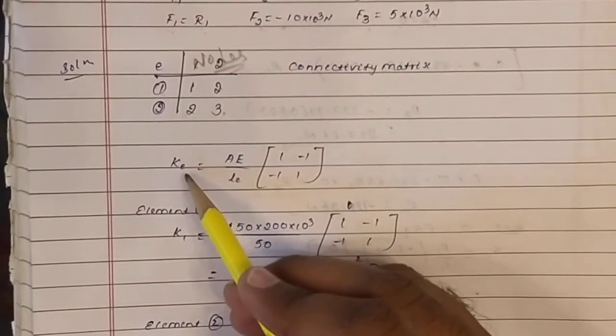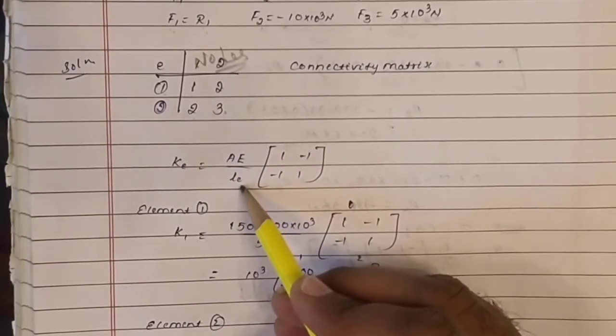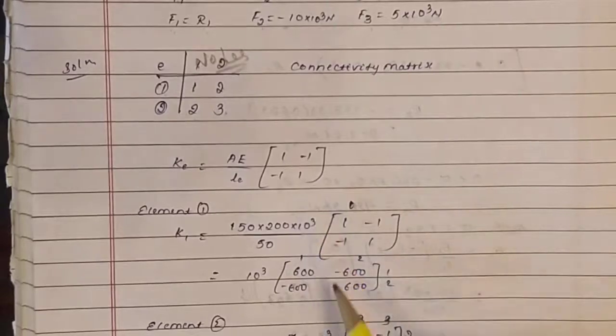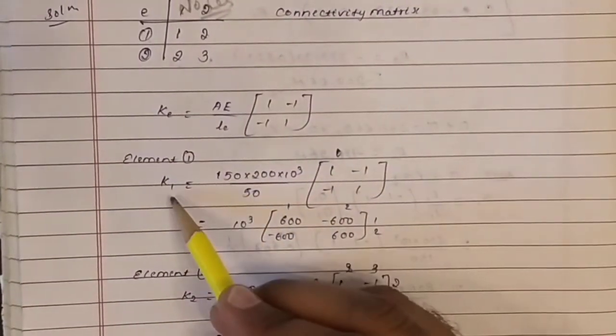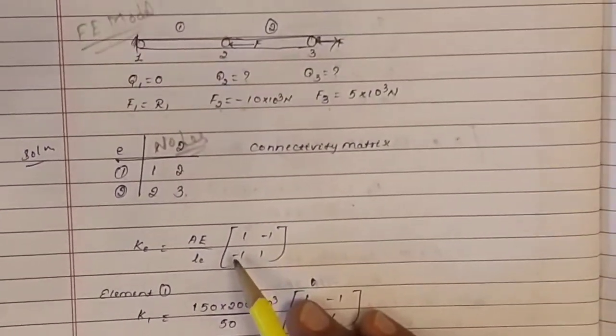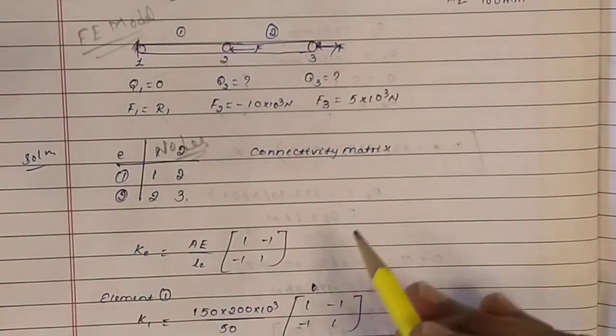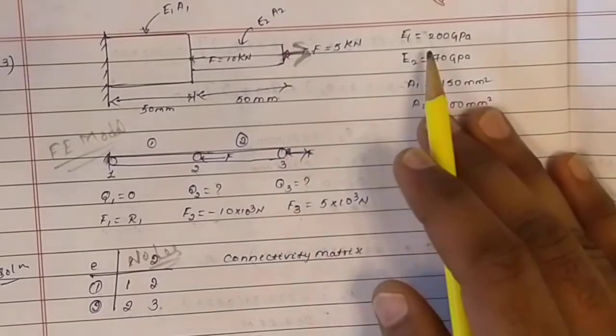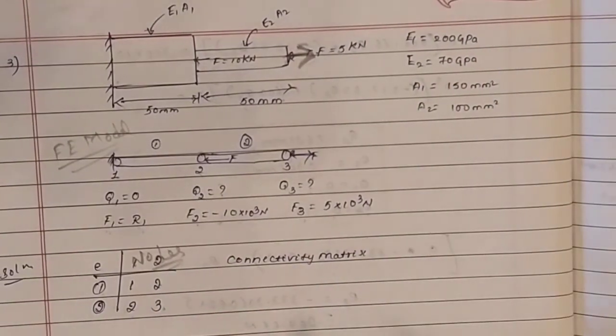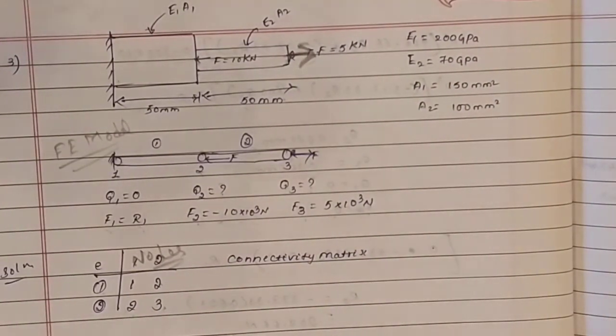Element stiffness matrix of a bar is Ke equals Ae by Le into [1 -1; -1 1]. So for element 1, K1 equals... You have to be very careful when the material is different, that is, when E1 and E2 are different. Usually you tend to make mistakes in this step.